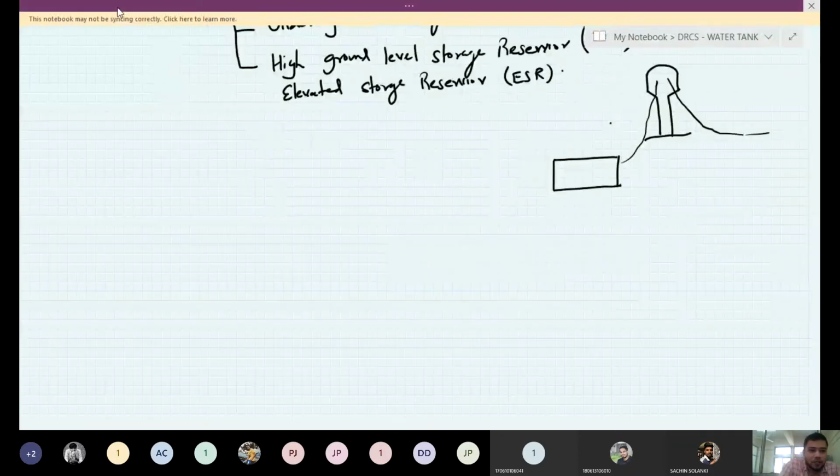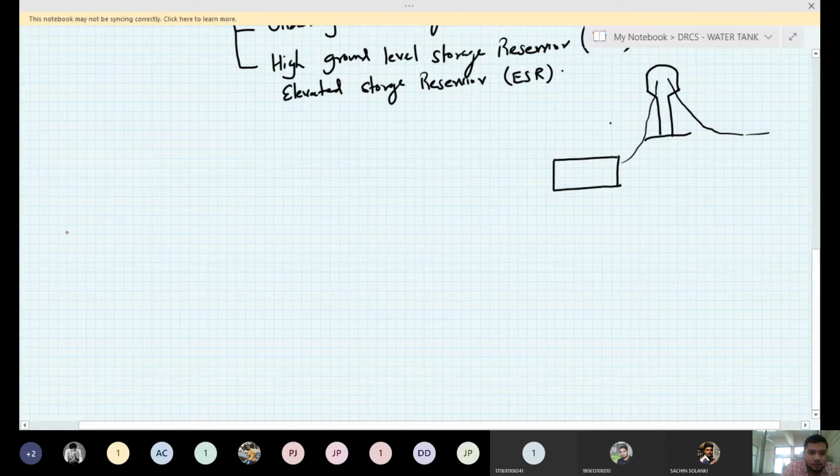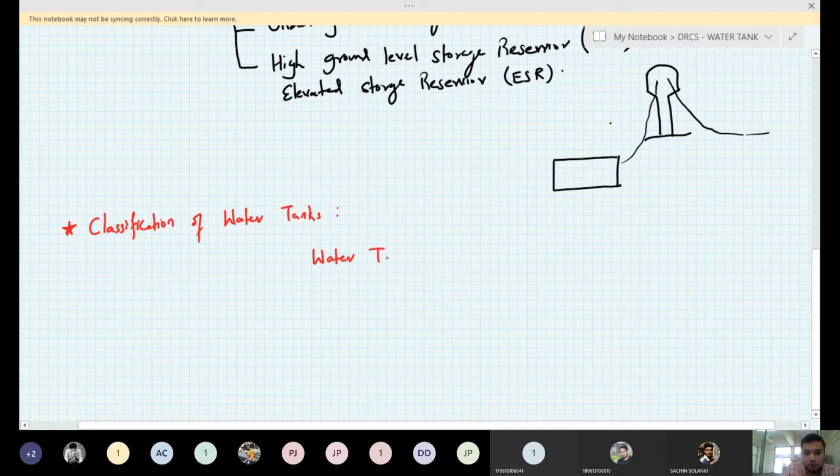So today let us see the classification of water tanks. Broadly, we can classify the water tanks based on two aspects. One is based on the placement of the tank, and another is based on the shape of the tank.